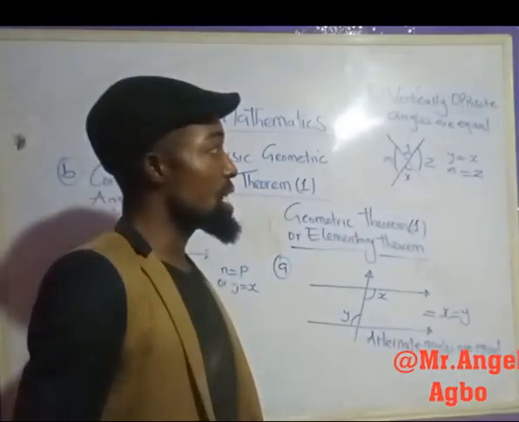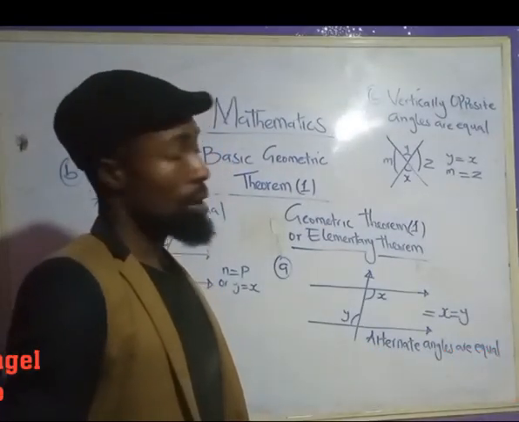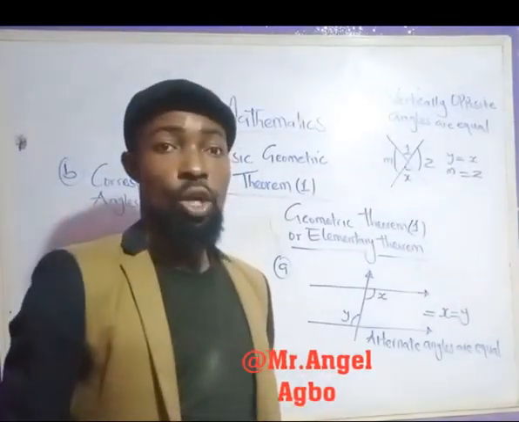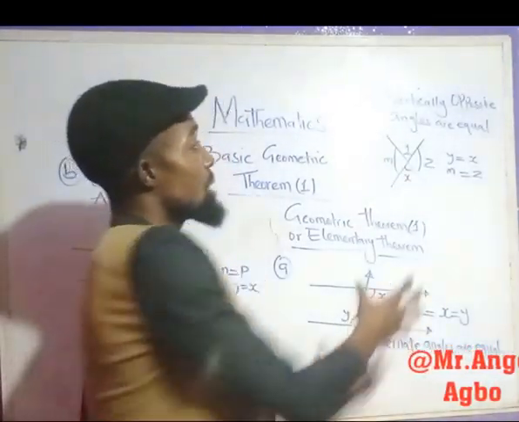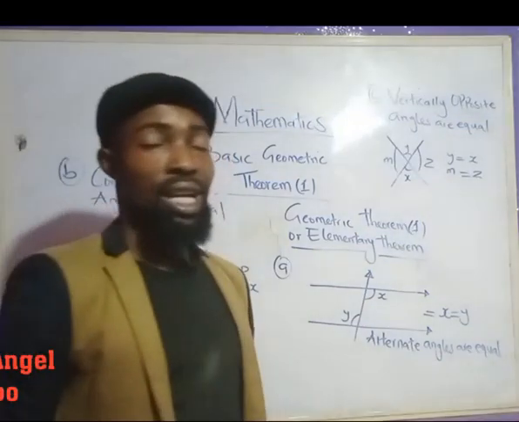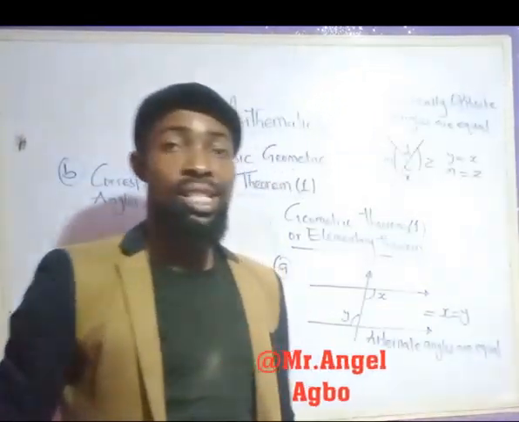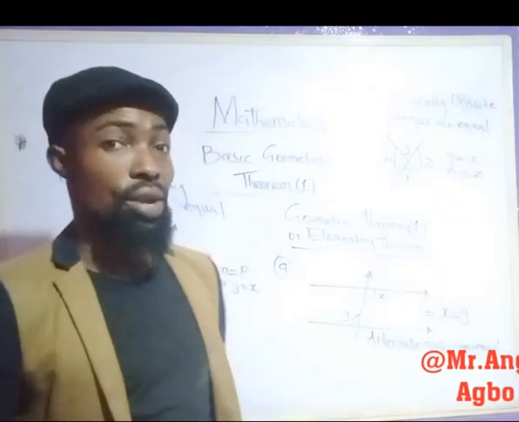If Z is equal to 100 degrees, our M is equal to 100 degrees. At the end, when you combine everything together, it will give you angles at a point, which is equal to 360 degrees.